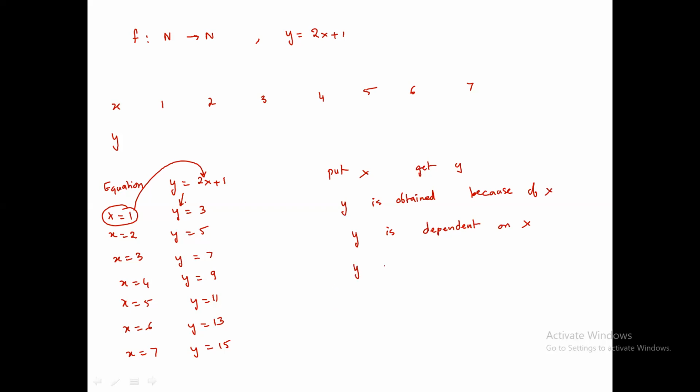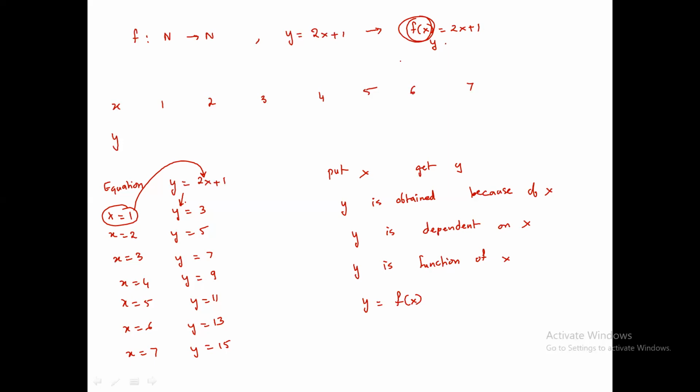So y is function of x. Y is f of x. Y is nothing but f of x. So this equation y equal to 2x plus 1, I can also write f of x equal to 2x plus 1, because f of x is nothing but y only.